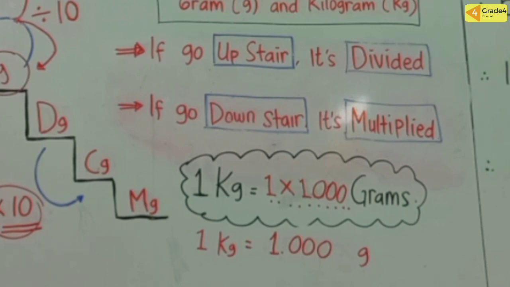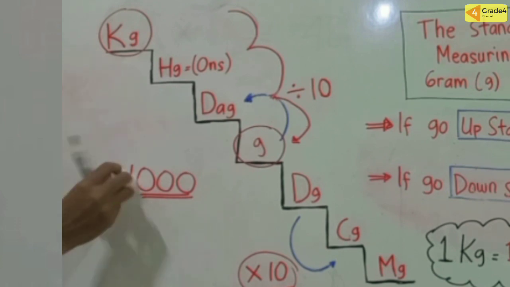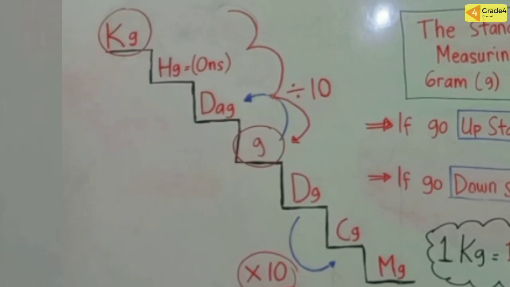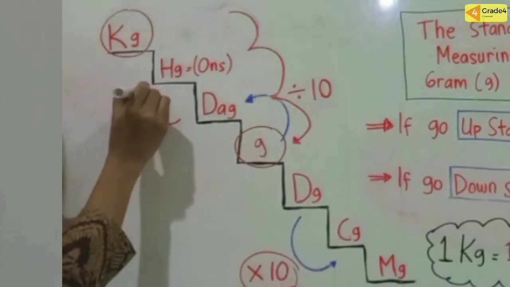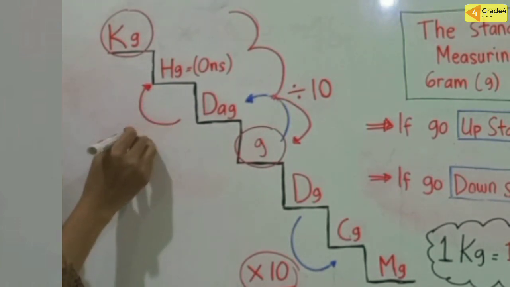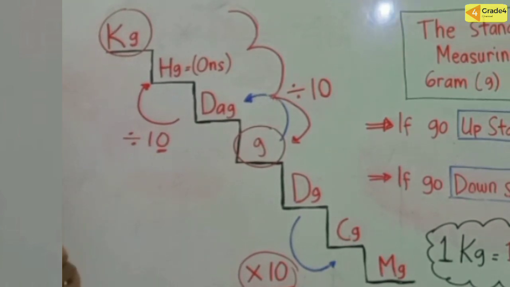And then how about going upstairs? If upstairs 1 step, we divide by 10, which consists of 1 zero.